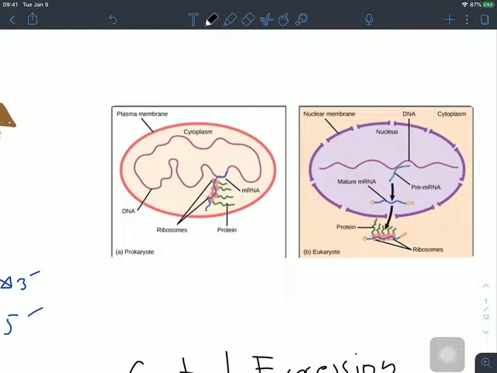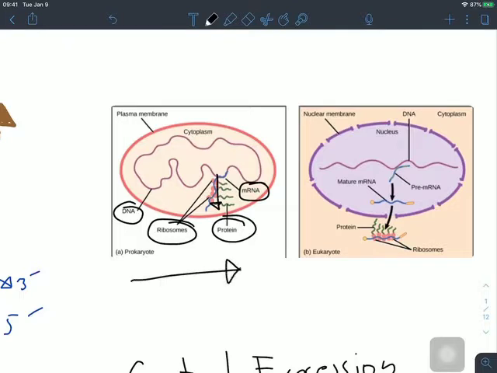Now, generally speaking, prokaryotes are much simpler. By not having DNA bound in a nucleus, you have the DNA, the ribosomes, the mRNA, and proteins all within one major bag. So, once the mRNA starts to be made, then you go through the entire process.